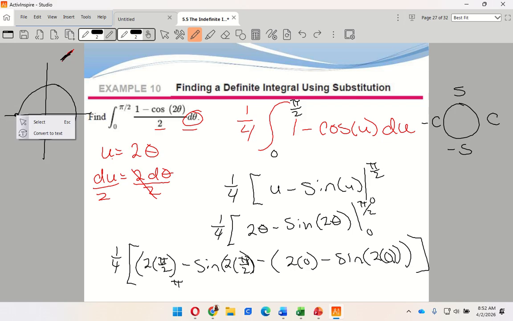Very good. And then that minus 2 times 0, it'll be 0, minus sine 0, which is 0. So it'll be pi. Then you multiply that by 1/4, so that'll be pi over 4. Very good.